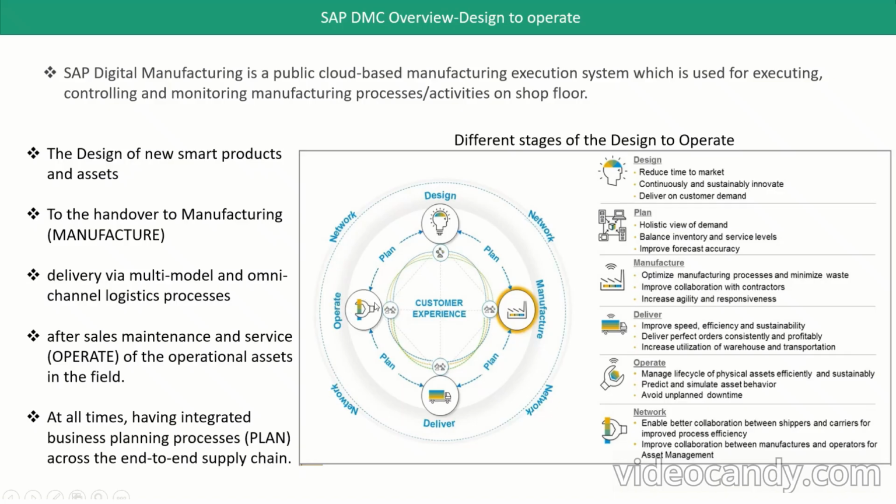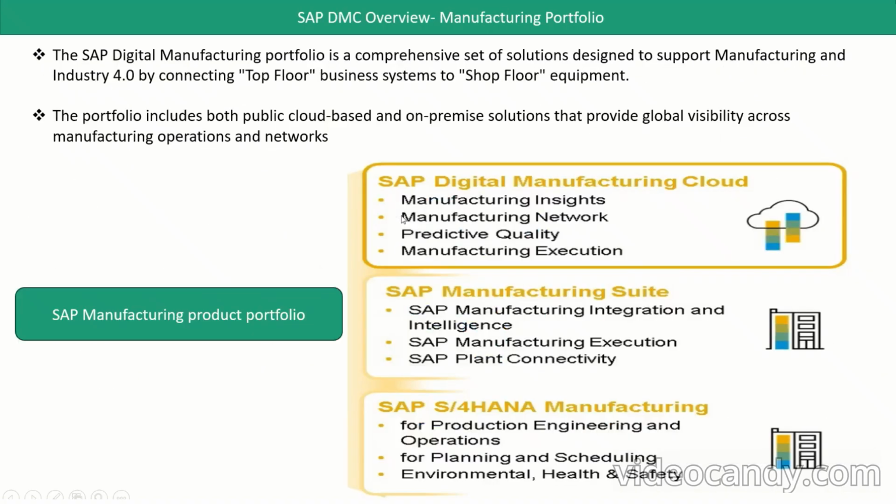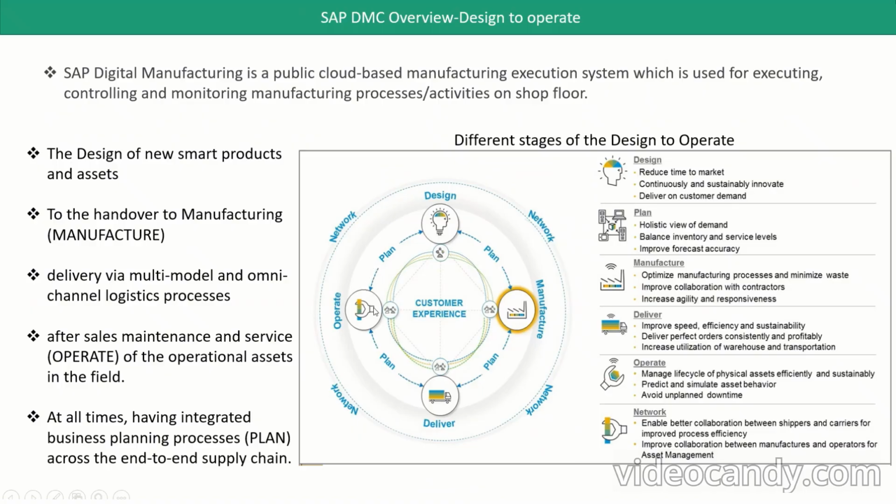the customer. After reaching the customer, they start using that particular product, and then comes maintenance and service, which comes under operate. So the maintenance and service for this product will come under operate. And again, if there are any issues or any design changes, they will be communicated, redesigned, and manufactured again.